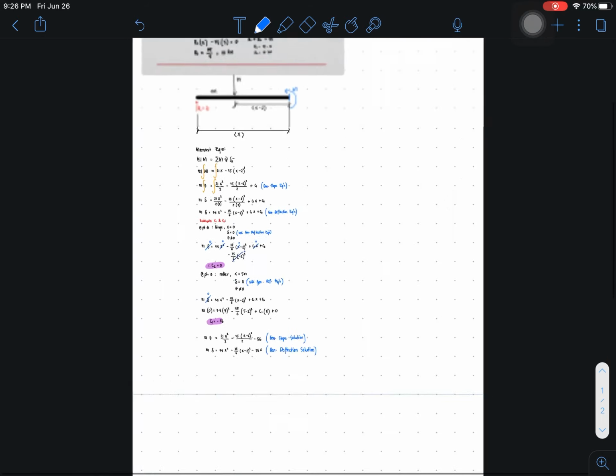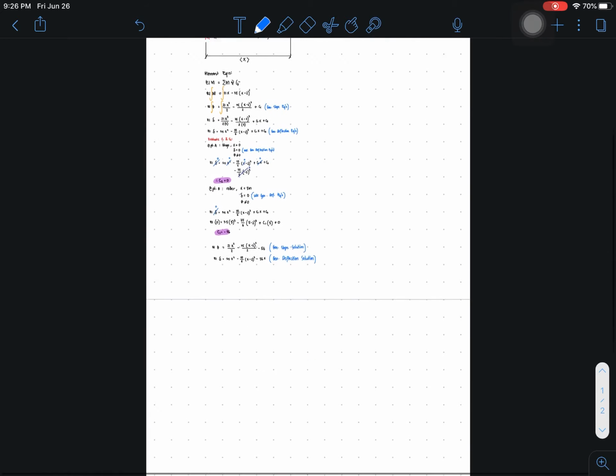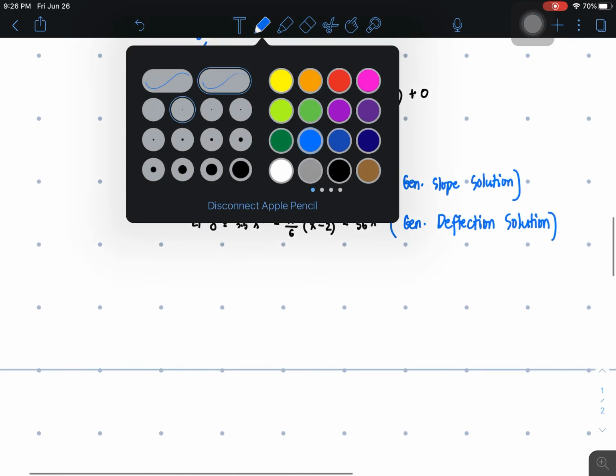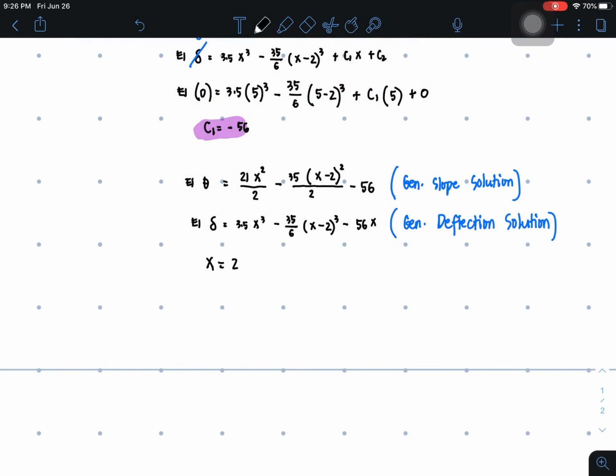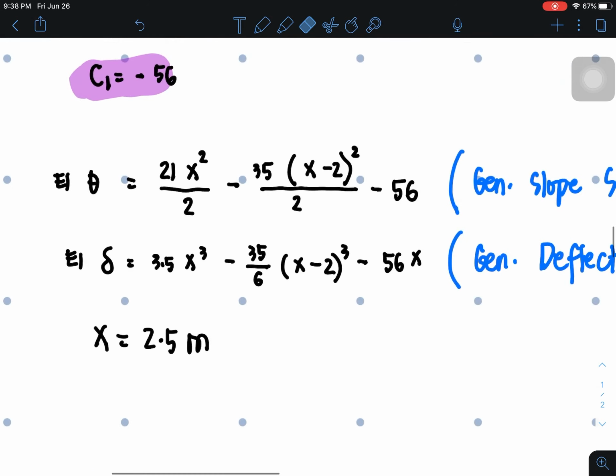At any point on the beam, we can now get the deflection value. According to the problem, we're going to get the deflection at 2.5 meters, so we substitute x equal to 2.5 in this equation. We are getting the deflection at the midspan, so we will be using x equal to 2.5.